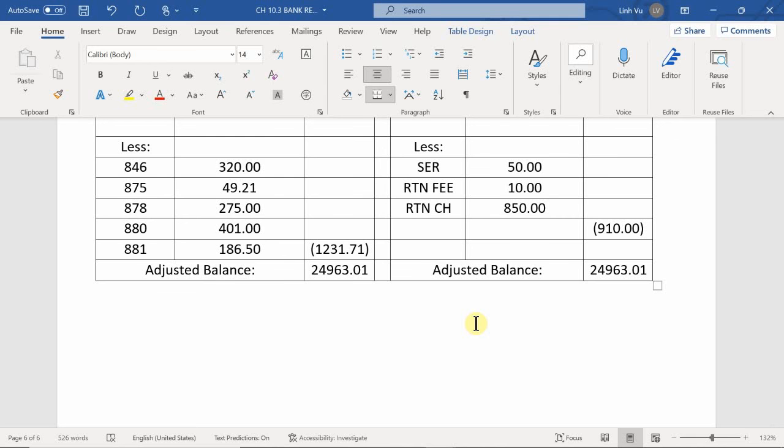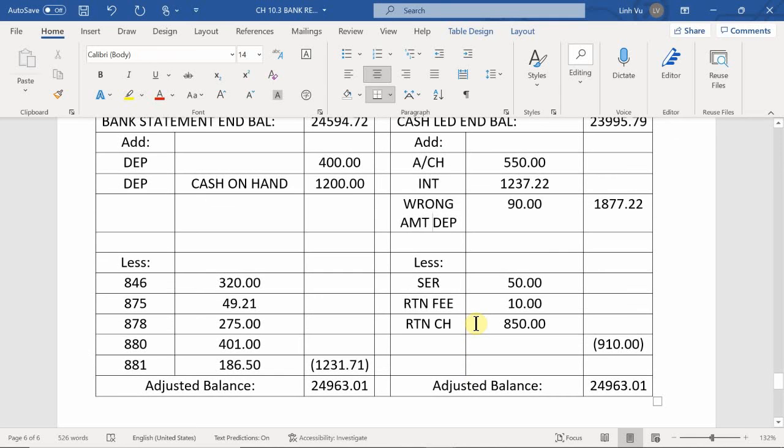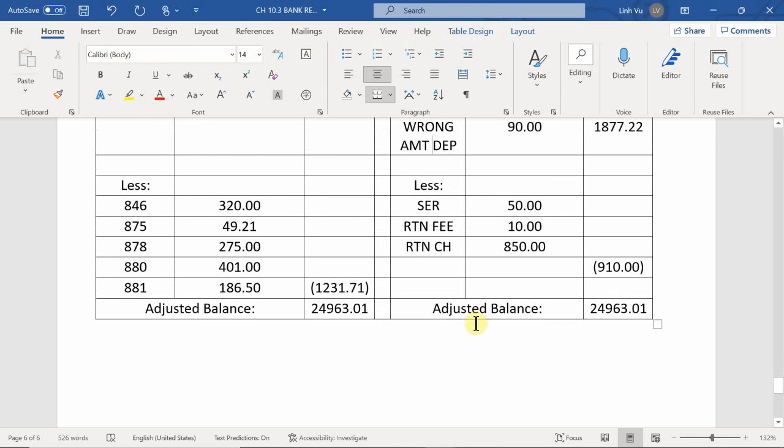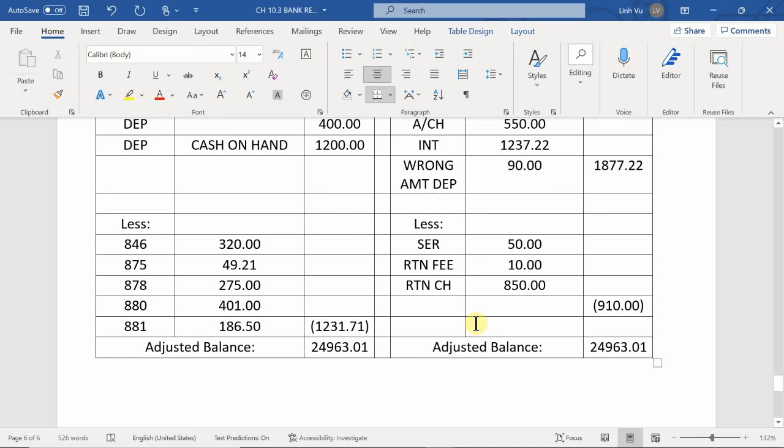Now, what we can guarantee is that the bank is the least likely to make a mistake, okay? Because they're a corporation, right? They only record what they see, okay? So it's very, very unlikely that the bank would make a mistake, so they're more likely to be more correct than you would because, again, human errors, right?